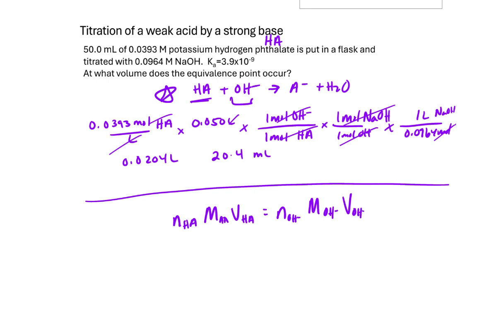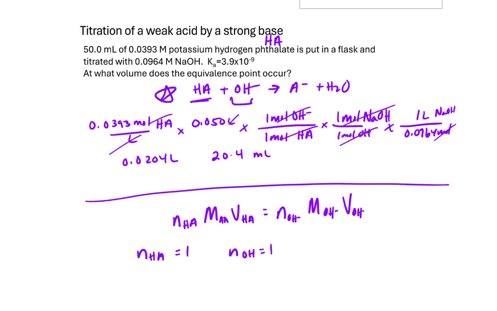So this equation does quickly allow you to calculate the volume at the equivalence point of a titration. And then n, remember, is the stoichiometric coefficient for HA, for OH minus.